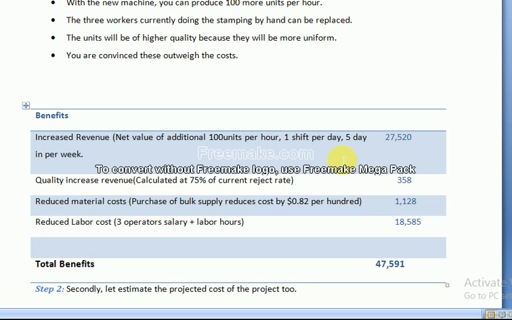And let's suppose I give a supposed value that we will sell these for $27,520. Our sales revenue will be increased by $27,520. I have given this value imaginary.